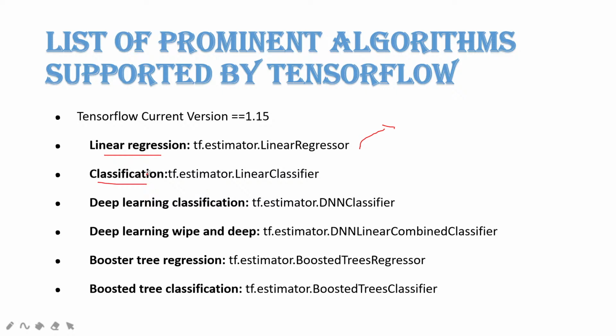And classification: if you need to find whether it's 0 or 1, or within a range type of output, you can use a classification type of algorithm. Deep learning for classification is also available, and deep learning for wide and deep is also available, and boosted tree regression and tree classification. So these are the algorithms commonly available in the TensorFlow package.